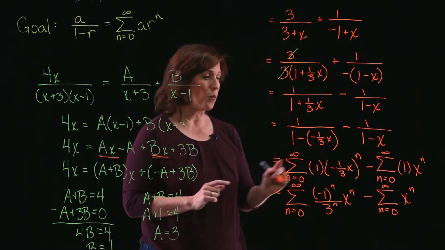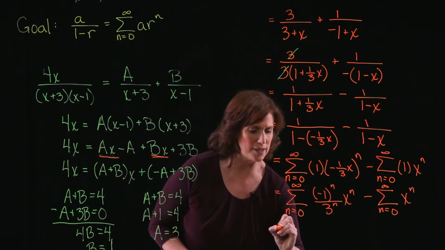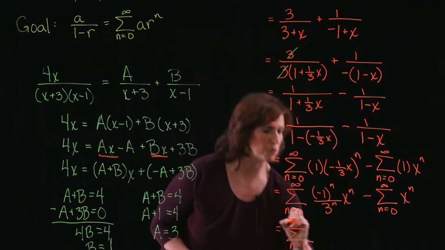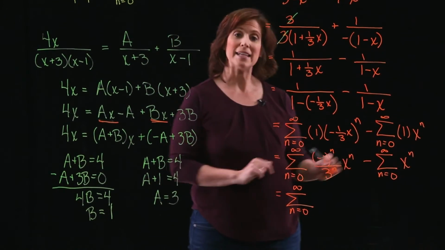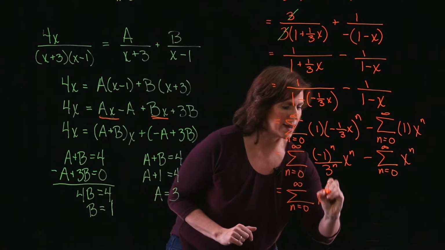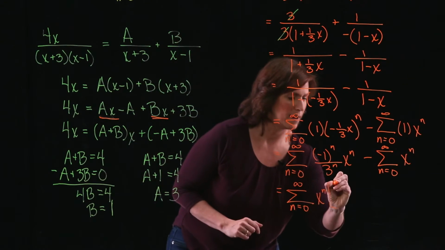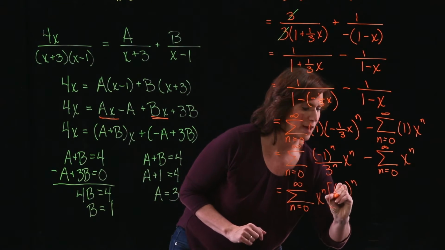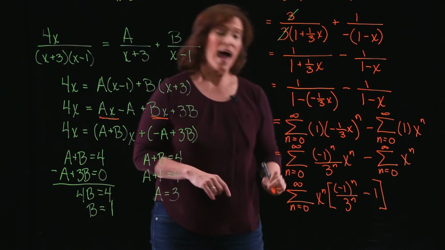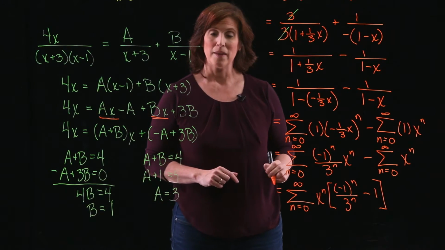Finally, as a last step, if you want to, you can combine these two series and write it as the series from n equals 0 to infinity. Notice there's an x to the n in both terms, so I can factor that out, and I've got x to the n times the quantity minus 1 to the n all over 3 to the n, minus 1. And so that is my power series.